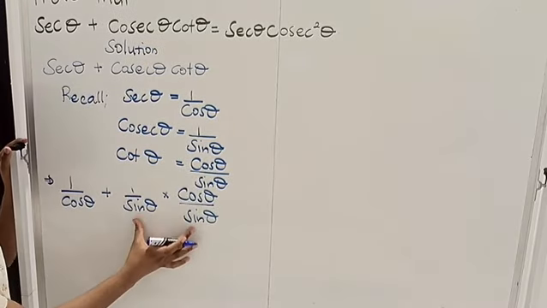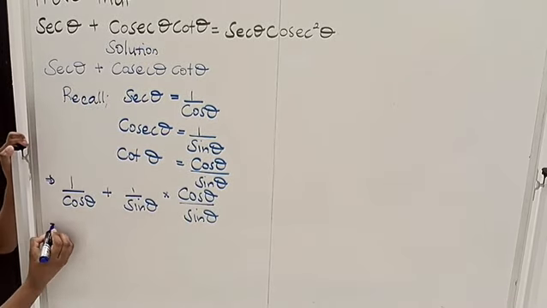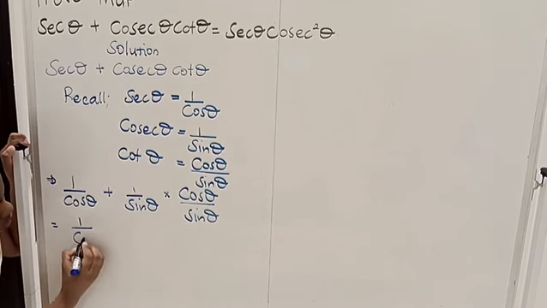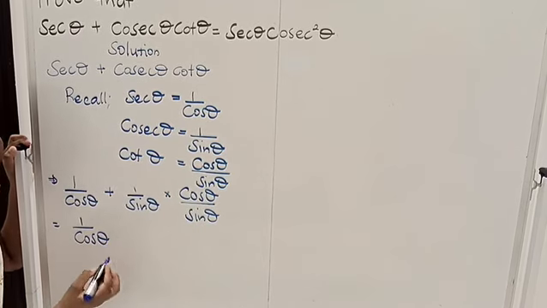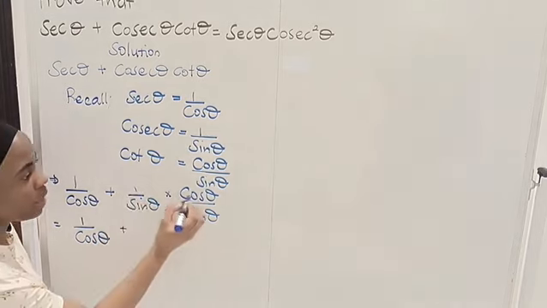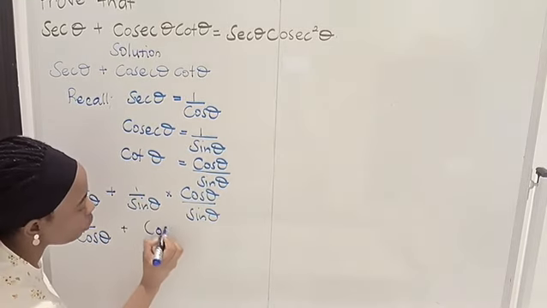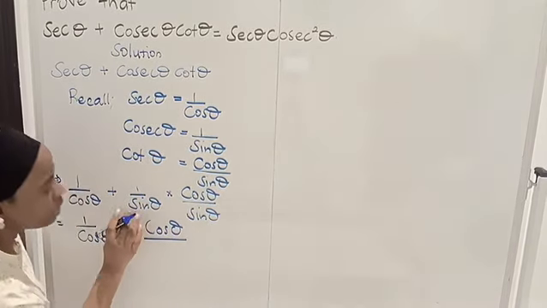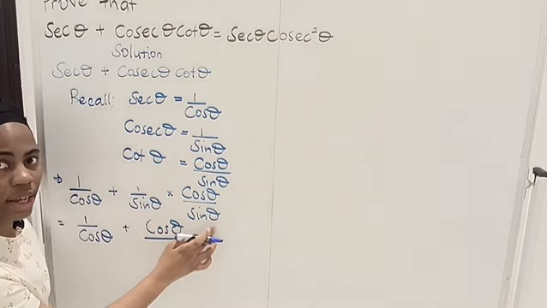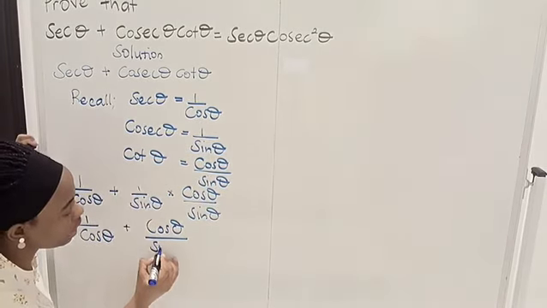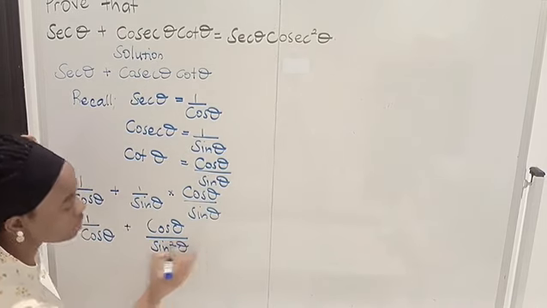Now let me first simplify this one here. This will give me 1 out of cos theta plus 1 times cos, you get cos theta, out of sine theta times sine theta. This gives us sine squared theta.